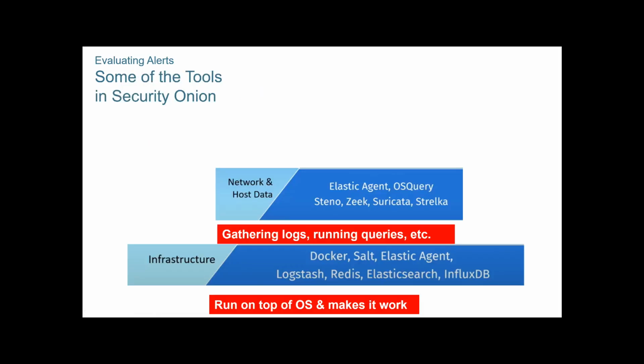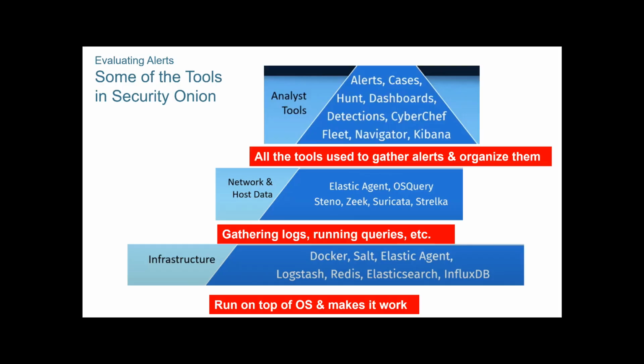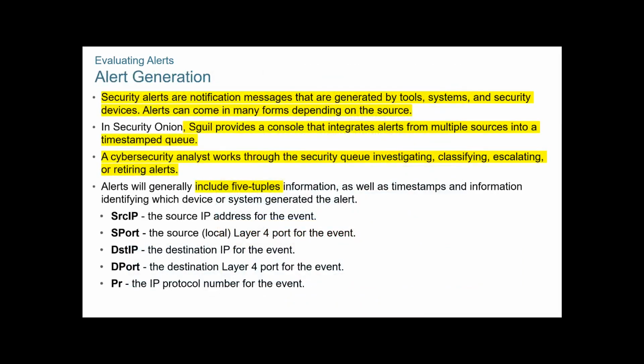That's where the logs come into play. We're running queries to see what's taking place with this particular output. And there's our dashboards. Kibana is one of them. It also has other names. So those analyst tools, all the tools used to gather alerts and organize them. So you're going to get just a small taste of those when you do the labs in 26 and 27.